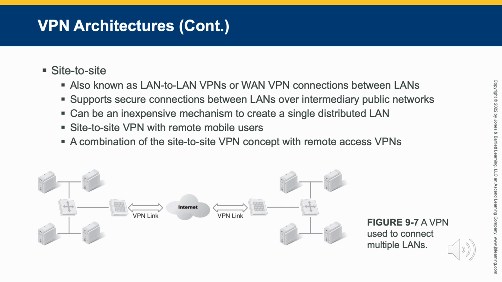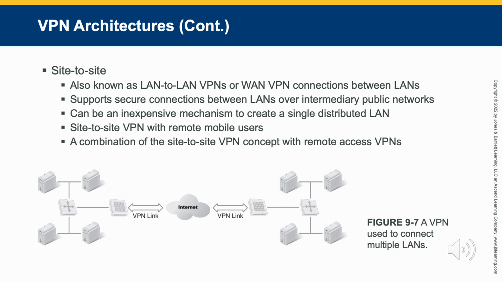Site-to-site VPN, also known as a LAN-to-LAN VPN or WAN VPN, connects LANs and supports secure connections between LANs over intermediary public networks. It can be an inexpensive mechanism to create a single distributed LAN. Site-to-site VPN with remote mobile users is a combination of the site-to-site VPN concept with remote access VPNs.